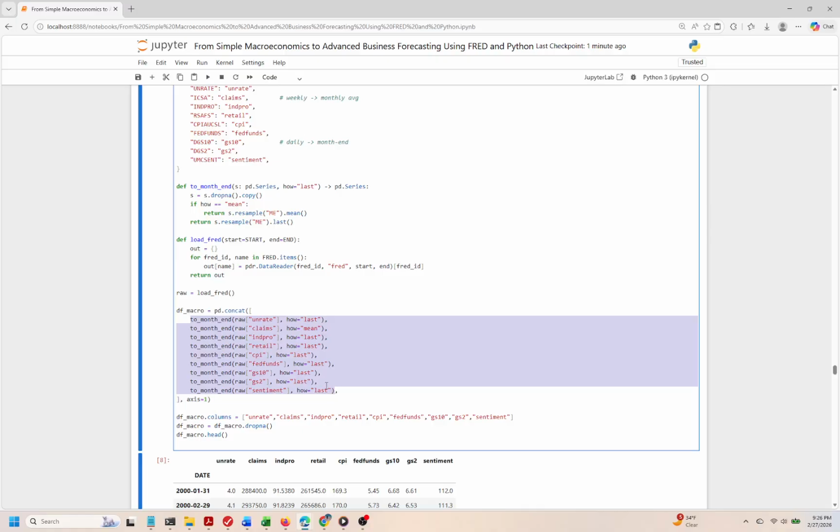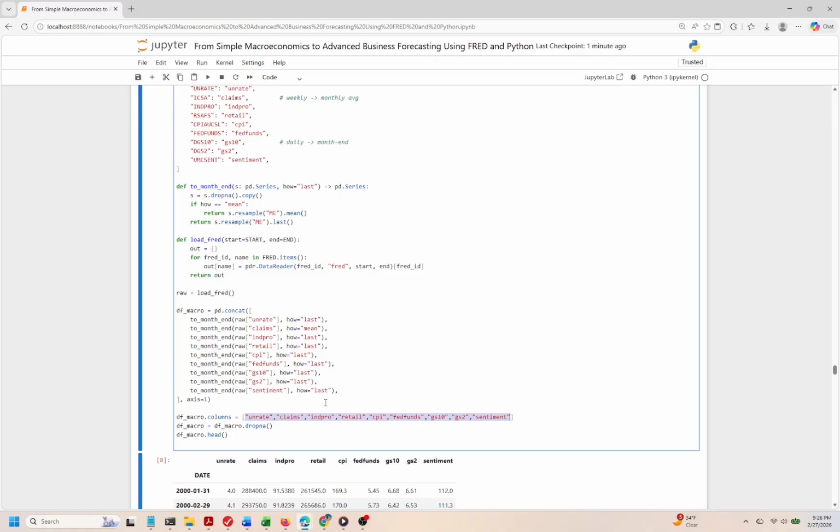The columns in our data frame are appropriately named based on the earlier mapping. Importantly, we also drop any rows with missing values to ensure that our final dataset is clean and ready for analysis. As we summarize this process, the resulting data frame contains critical economic indicators that can be analyzed further.